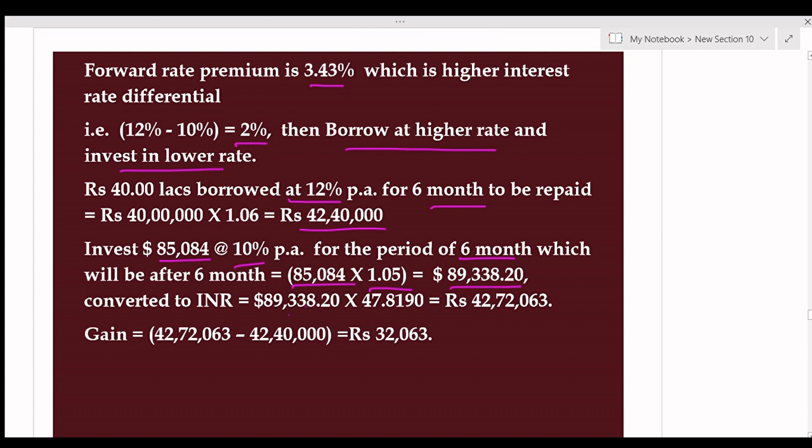Convert this dollar to INR, multiplied with the forward rate, that comes to 42,72,063. Now the gain will be 42,72,063, the investment amount, minus 42,40,000, the borrowed amount, which is equal to rupees 32,063. In both cases, an arbitrage opportunity exists.